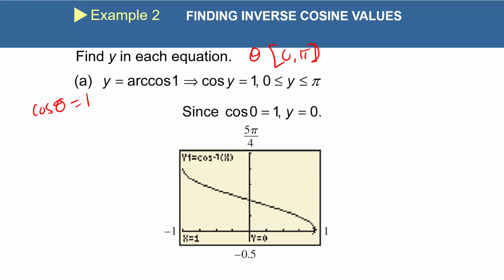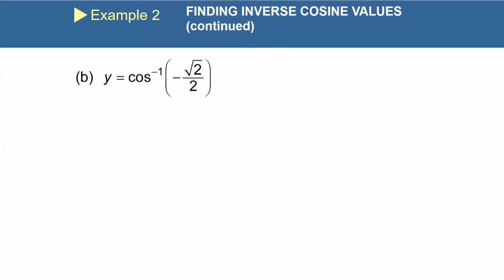All right, are you ready to try again? Cosine inverse of -√2 over 2. So I'm asking myself, for what theta does cosine theta equal -√2 over 2? I need one between 0 and pi.